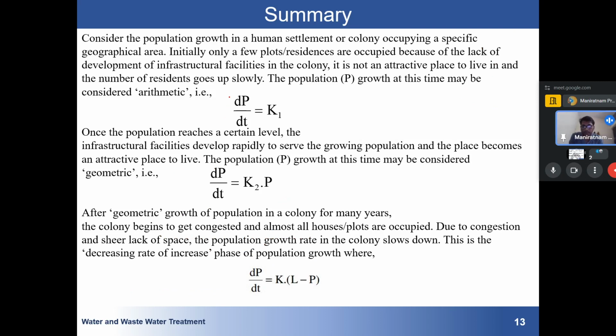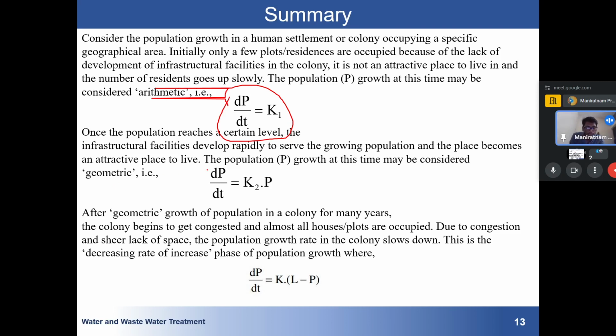The population will be governed by this equation. Once this phase one limit has been crossed, meaning there is a significant amount of population, and the population has reached a certain level, the infrastructure facilities develop rapidly to serve the growing population, and the place becomes an attractive place to live.